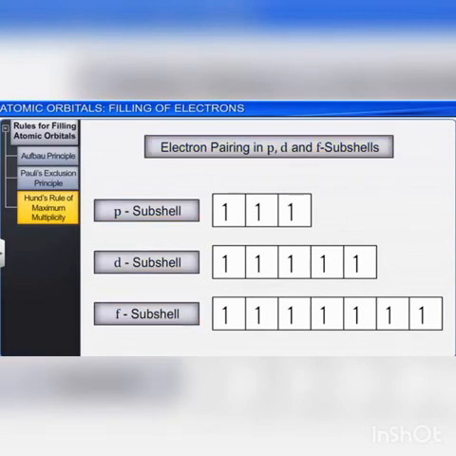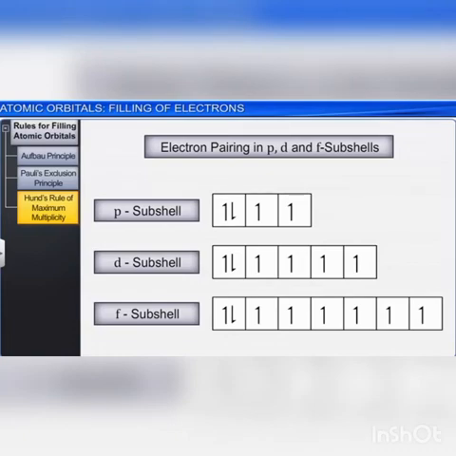In other words, pairing of electrons in p, d and f subshells starts with the 4th, 6th and 8th electron respectively, as shown here. Also, all the singly occupied orbitals will have spins in the same direction.